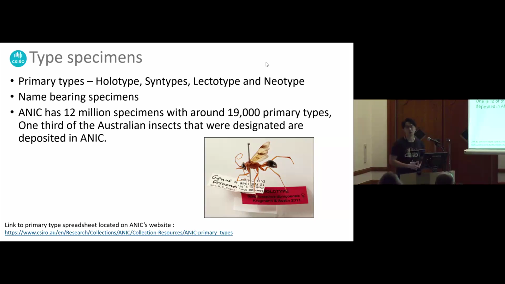I want to make them more useful. ANIC over the years has provided countless resources and support to entomological studies. That's why we initiated the type project: to build better management and accessibility for these valuable specimens.